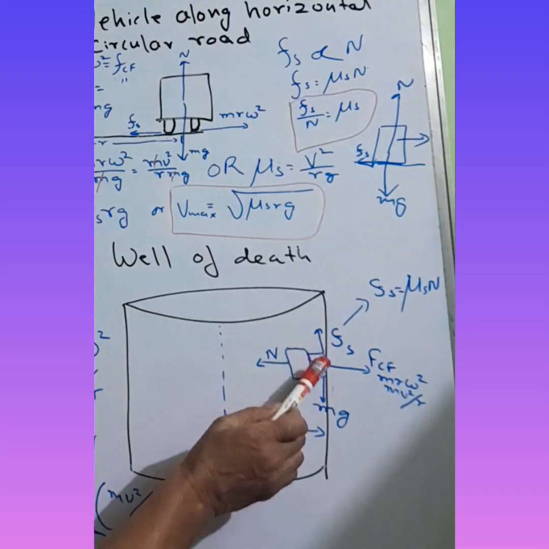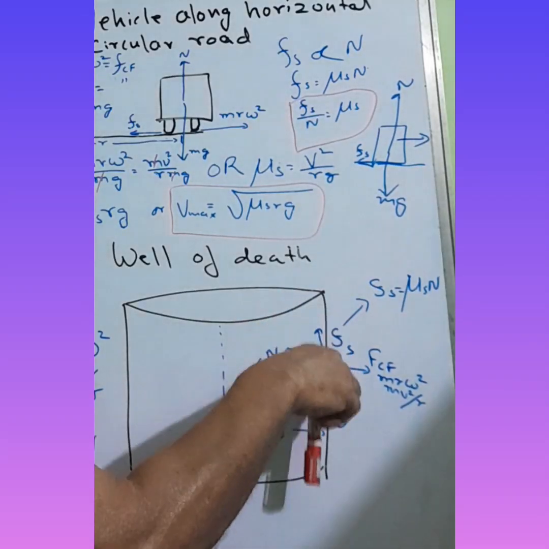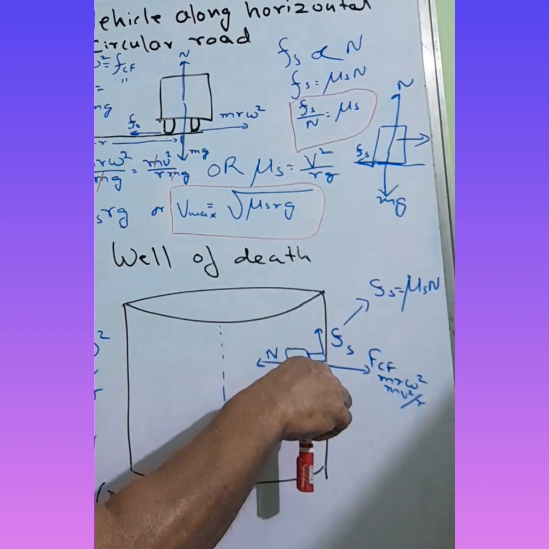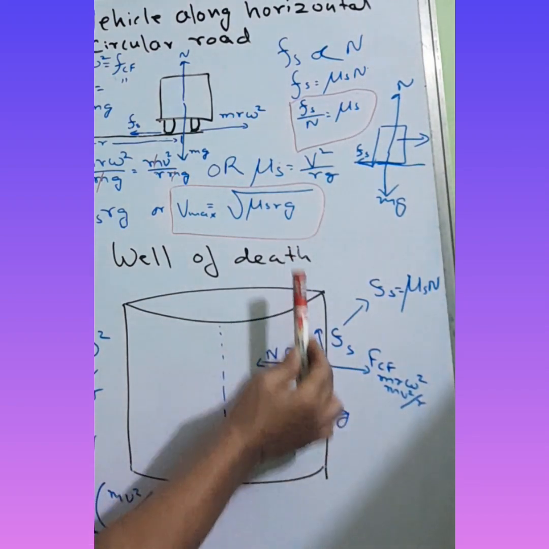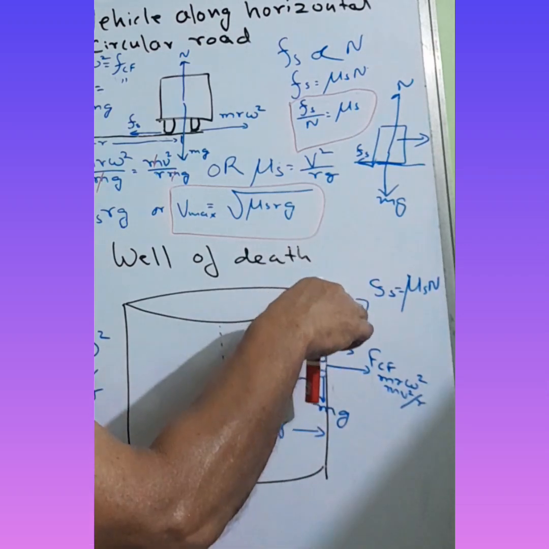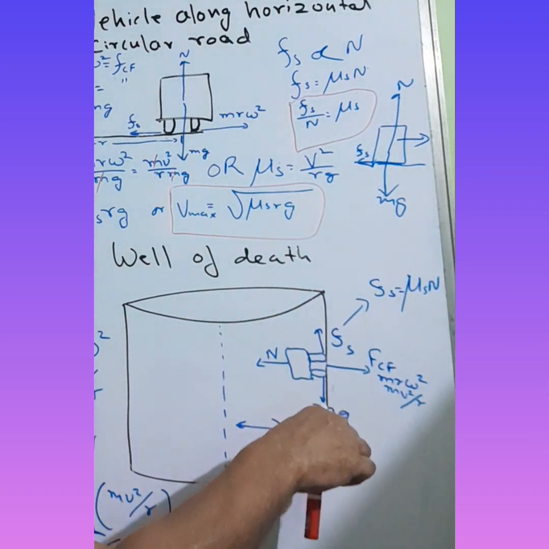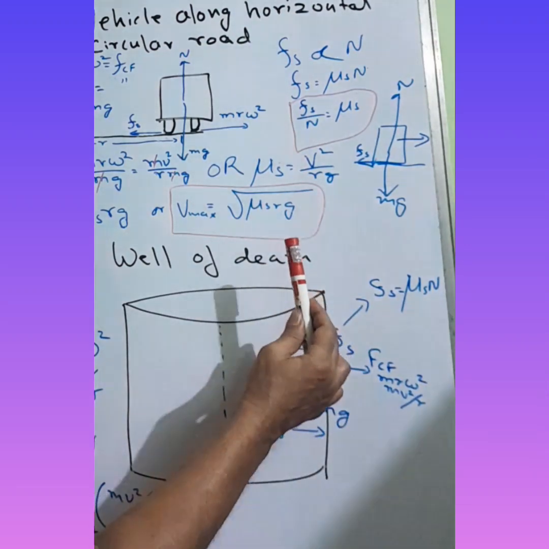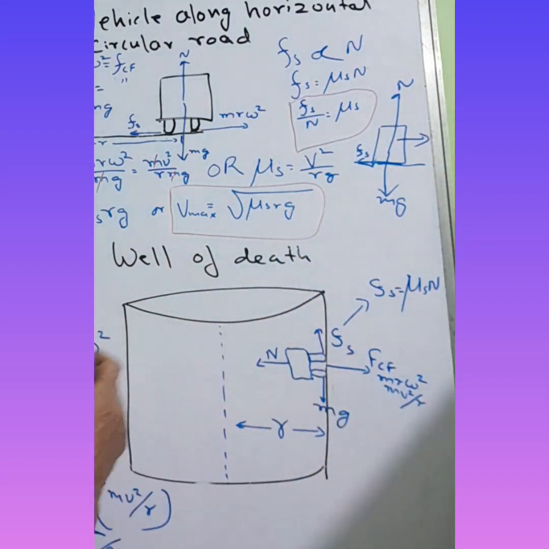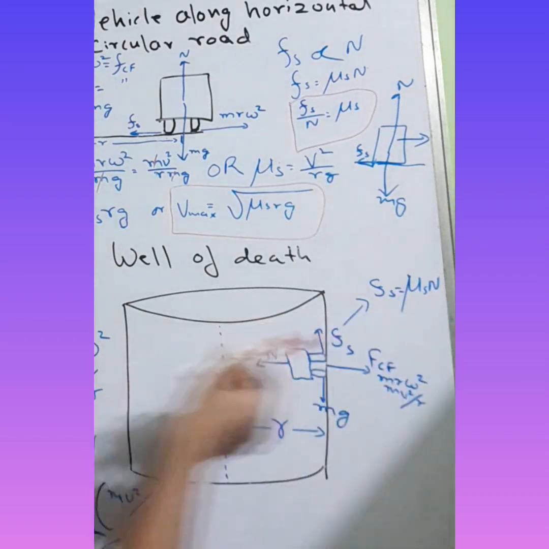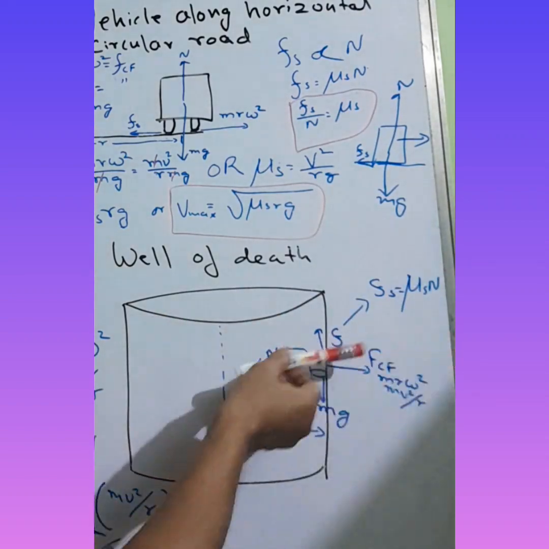Obviously these are the wheels, and mg is trying to take it down, and the frictional force is trying to act in the upward direction. So mg is acting in the downward direction and fs is acting upward. Then since it's a circular motion, obviously the centrifugal force would be acting outwards.